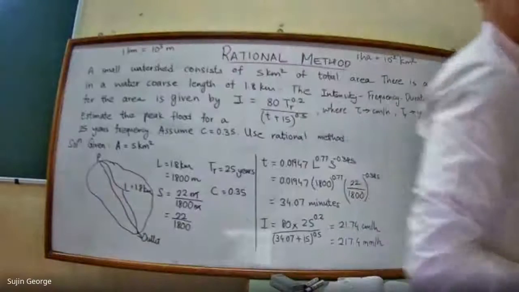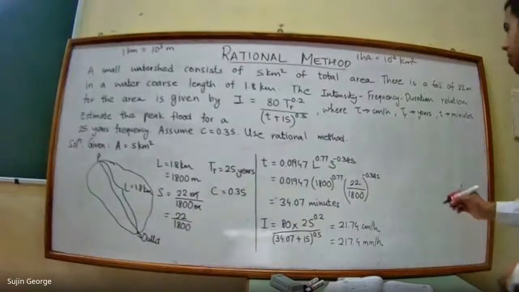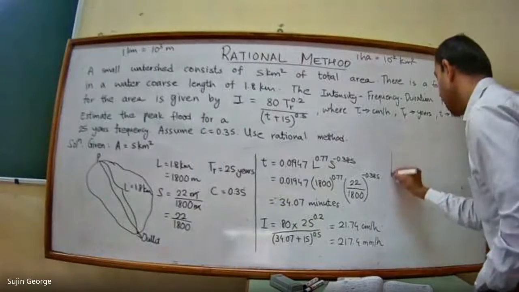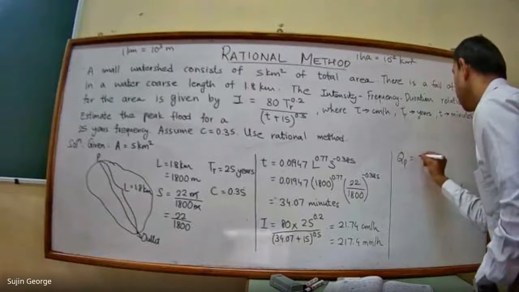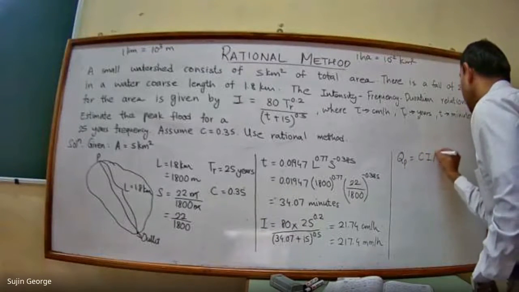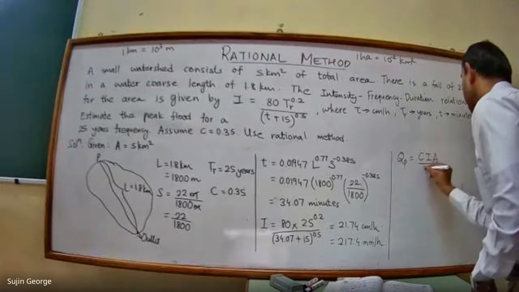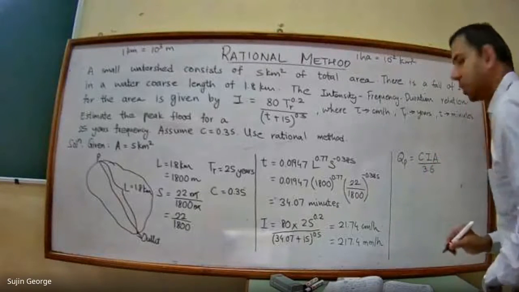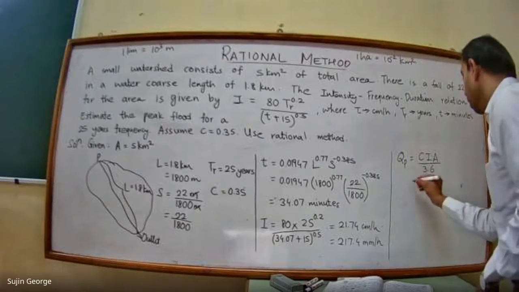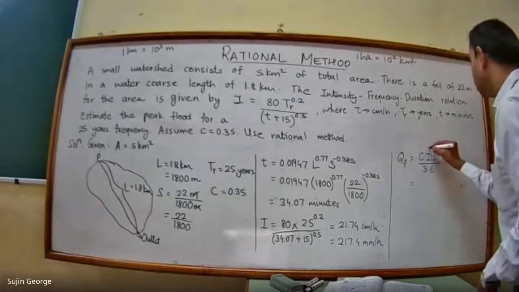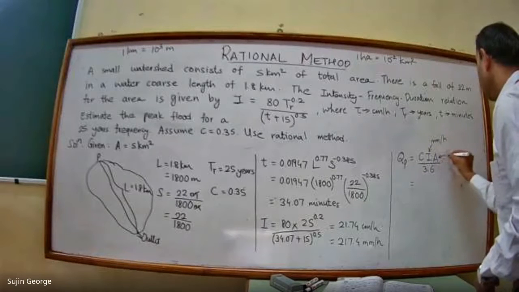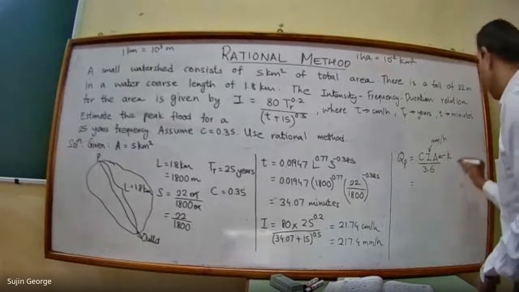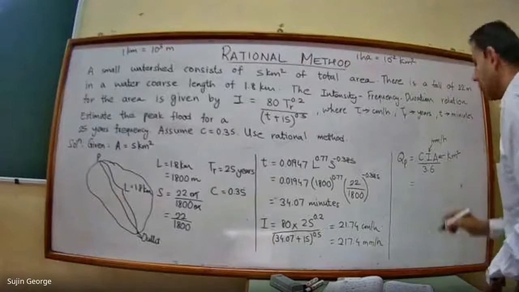So now just substituting this in the equation to find out the value of peak flood, QP is equal to CIA divided by 3.6. Now this I value should be in mm per hour and this A value should be in kilometer square.